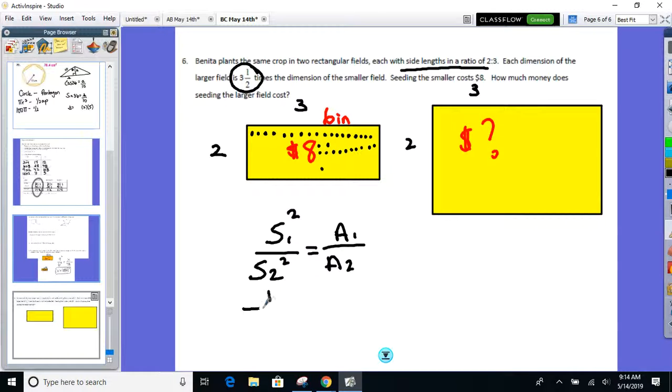How much larger is the larger one than the smaller one? 3.5. So I'm going to go 1 over 3.5, but do what with them? Square them. And now where's the 8 going to go? Since we're talking area, is that $8 for the smaller or the larger field? Smaller, so it goes across for the smaller one.